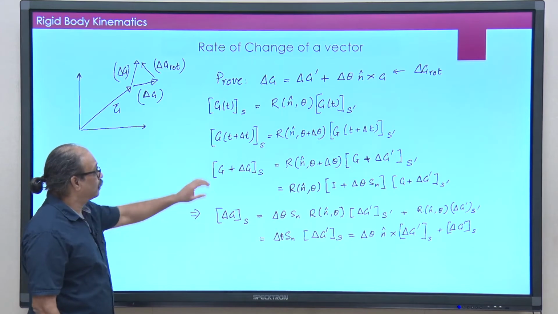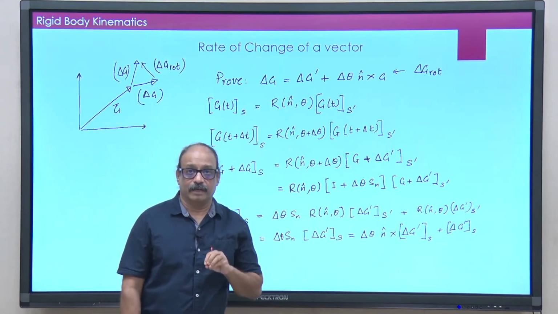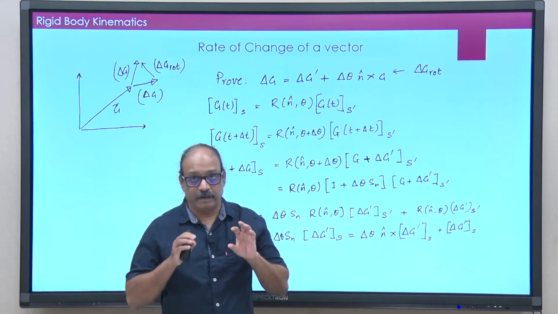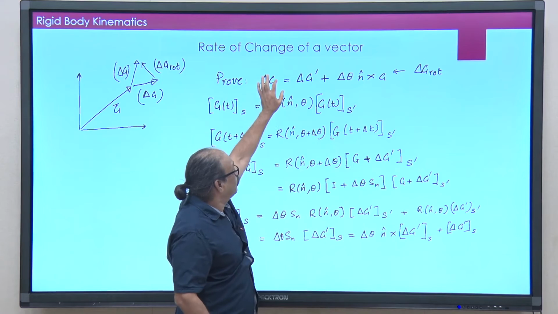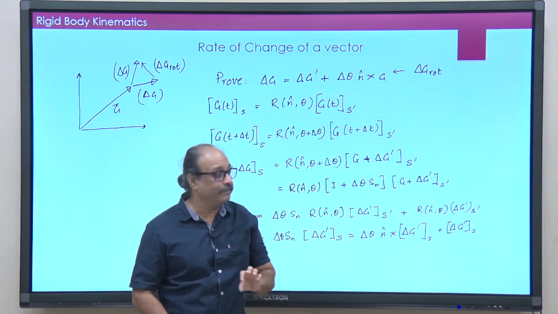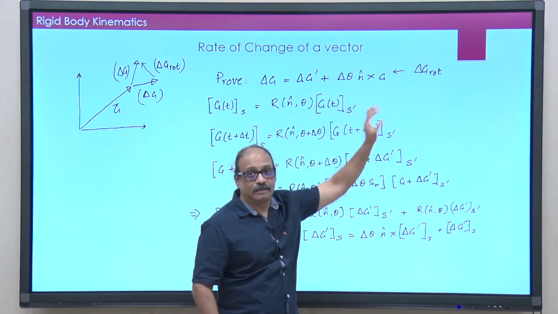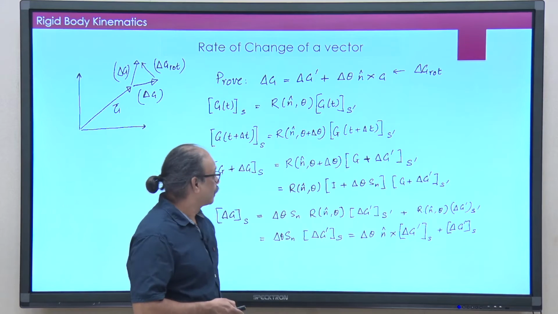So, this is the vector equation connecting the rate of change of a vector seen by one frame is equal to seen by rotating frame plus the effect that comes because of the rotation itself, right.